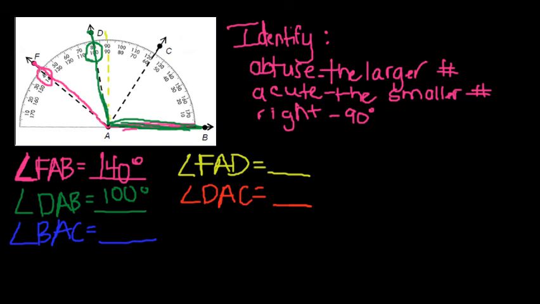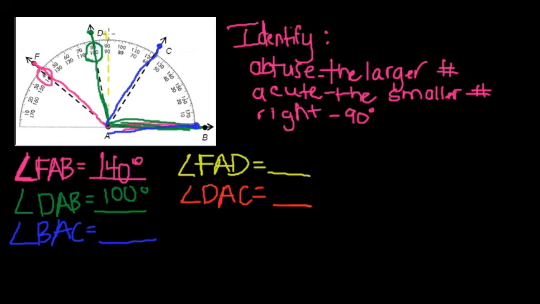Alright, let's look at another one. Angle BAC. So I'm going from here to A, sorry for the overlapping, to C. Again, let's check. Is one of our rays on the straight line? And it is, so that's set. And now I have to see, is this acute or obtuse?